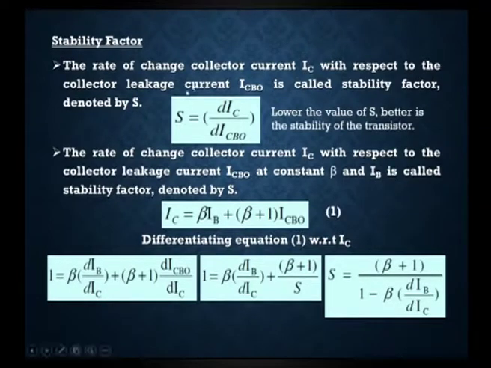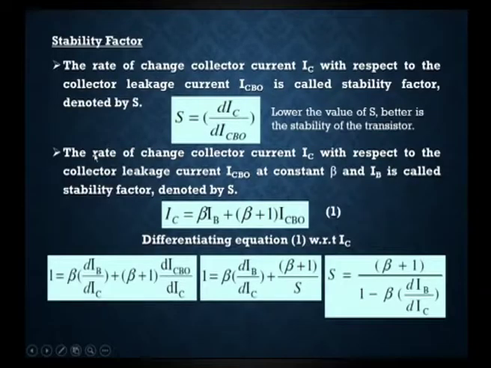S is the ratio of the rate of change of IC to the rate of change of ICBO. From this expression we can say that the lower the value of S, the better the stability of the transistor. We need to always keep in mind that the stability factor should be low, so that we can have a transistor in a better stabilized condition.